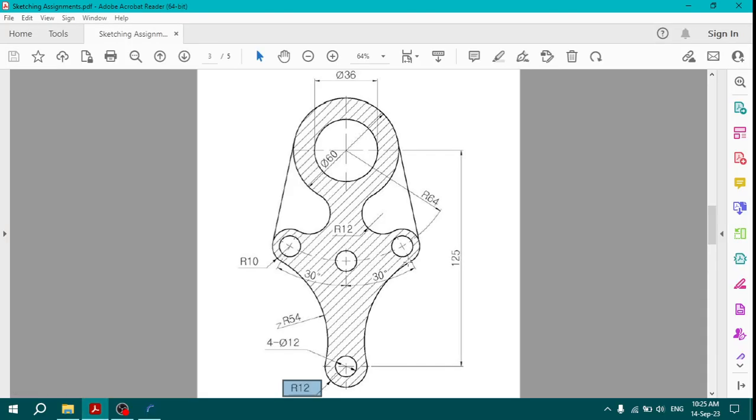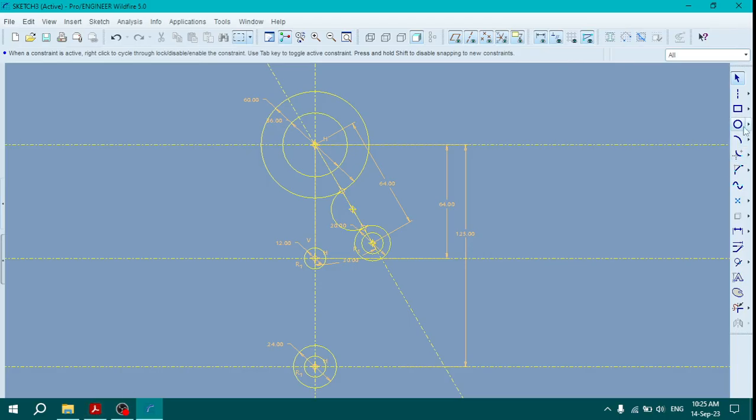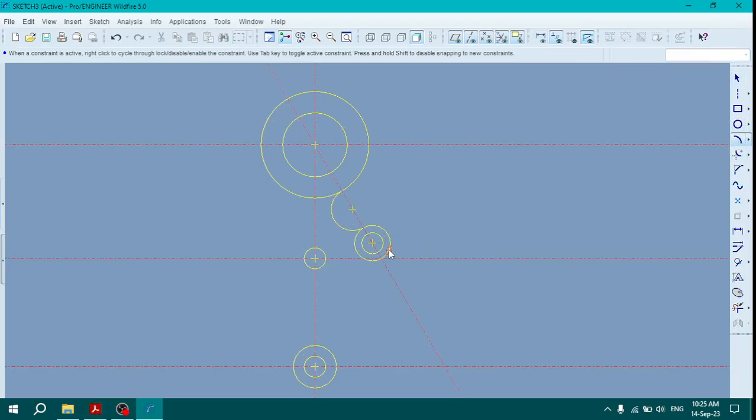Then there is an arc which is tangent to this outer circle and this outer circle, and its radius is 54. We'll select this circle and this circle here, and we'll select these points randomly. You must keep looking at the center point of the circle, and it must not be situated at any of the axes, otherwise you will not be able to change the diameter.